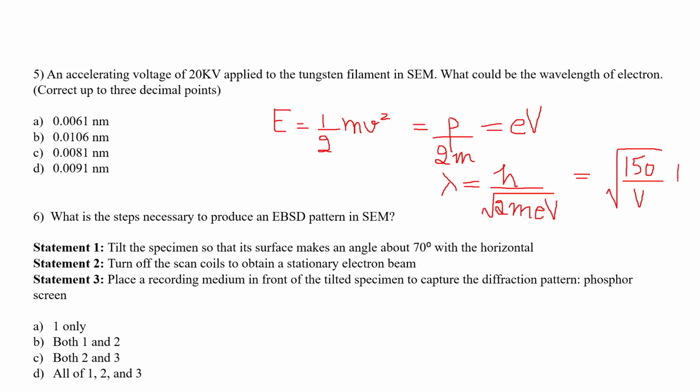This will give you the wavelength in terms of Angstrom. In this question the voltage is given as 20 kilovolt. Can anybody tell me the wavelength using this formula, lambda equal to 150 divided by V whole raised to power half? Anybody can calculate it and tell me?